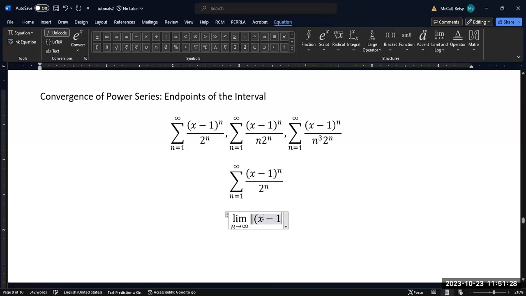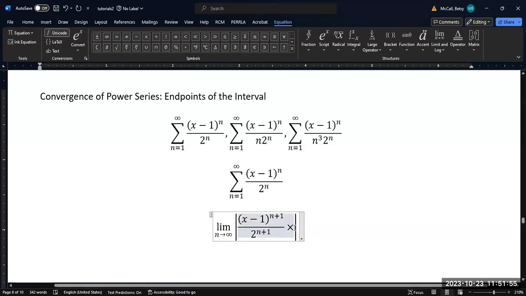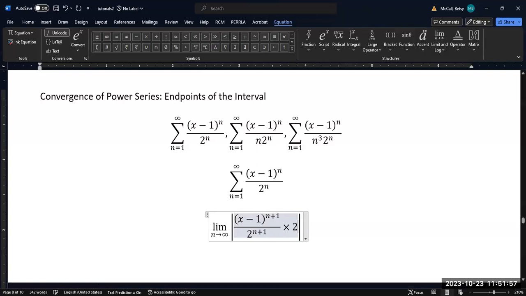Now we have (x minus 1) to the n plus 1 over 2 to the n plus 1, and for this case, I have to multiply by the reciprocal, 2 to the n over (x minus 1) to the n.